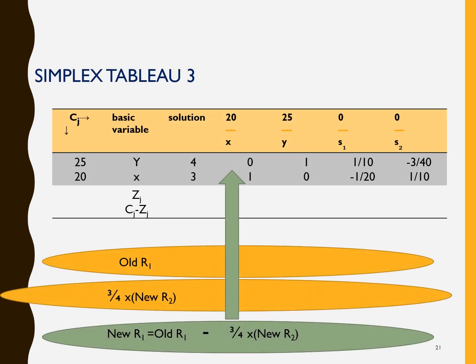Similarly, we repeat the exercise and we divide the entire row by the key element so that we can find out one row.